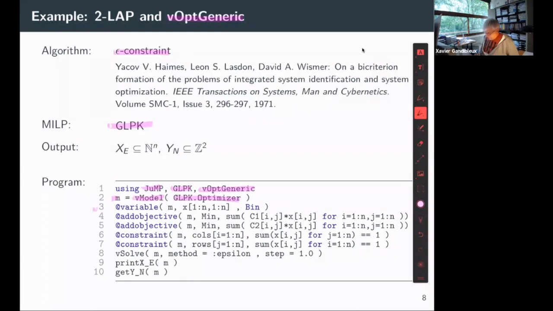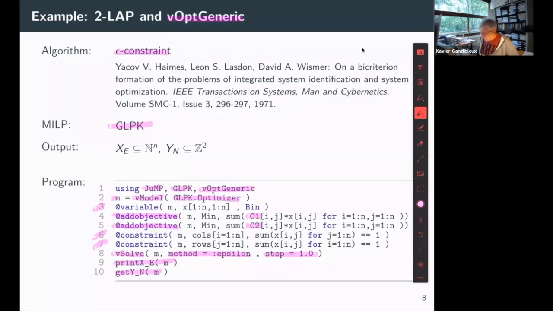He defines the variables like we do with JuMP, and adds the objectives, this one for the first objective, this one for the second. He provides the constraints like JuMP, there is no change here, and he solves the problem by calling vSolve, providing the method and the parameters. He has access to the results using these two methods for extracting the complete set of efficient solutions and the set of non-dominated points.